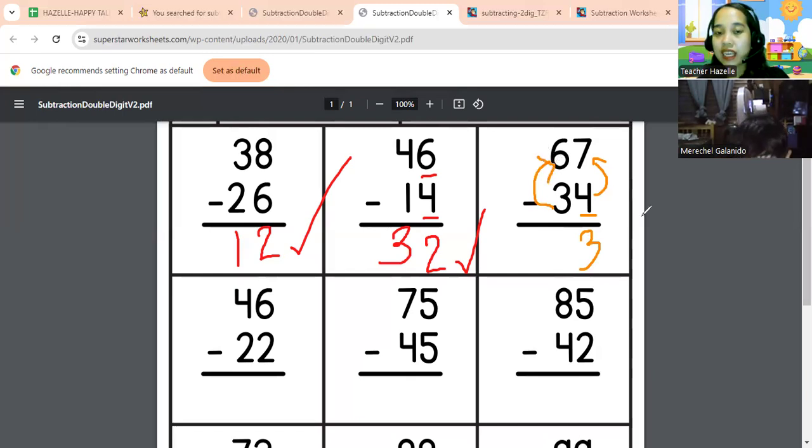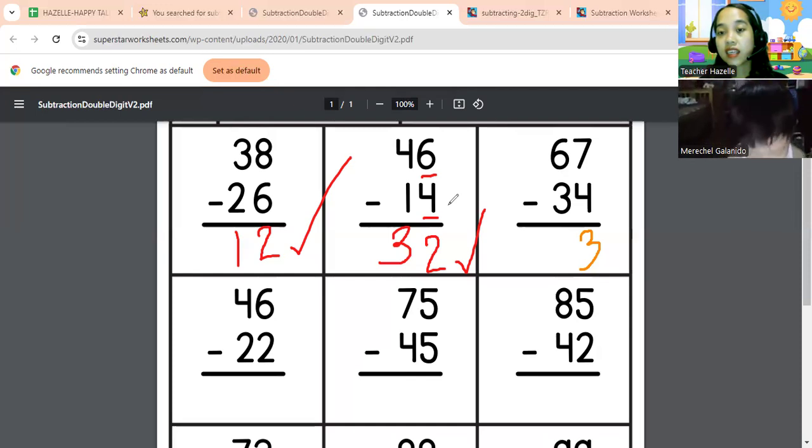The next number to 3, with 3 in mind. What is next to 3? 3, 4, 5, 6. Okay, what is the answer?